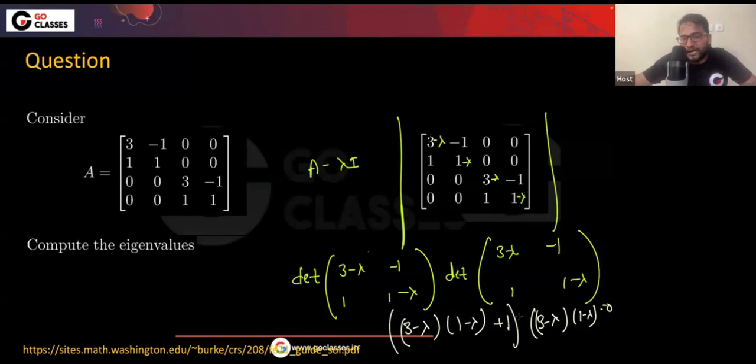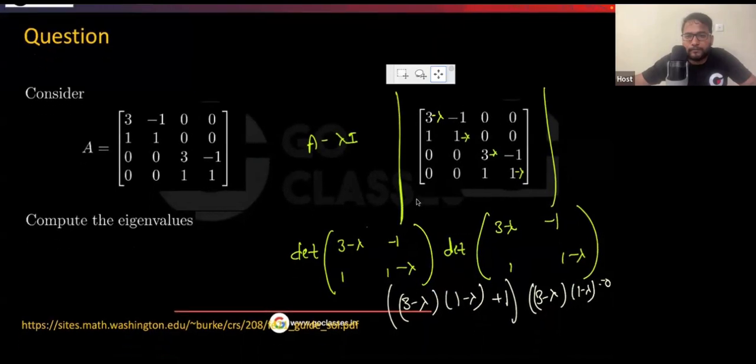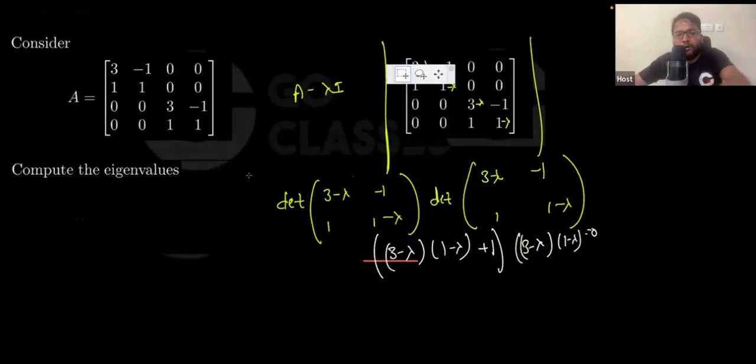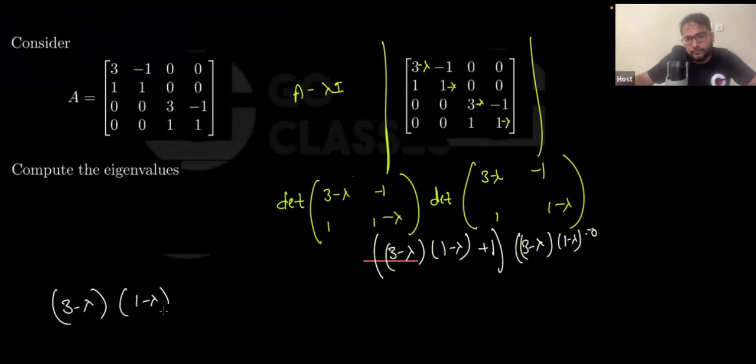Now, the final characteristic polynomial you have got is something like this. Let me write it. The polynomial that you have got is basically (3 minus lambda into 1 minus lambda plus 1) square equal to 0, right?